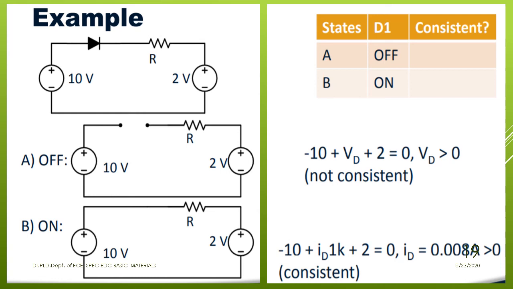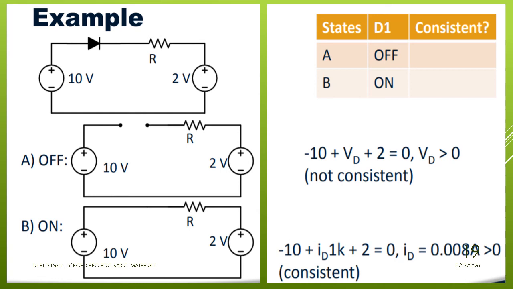Then the drop across the diode is Vd. By applying KVL, we write the equation: minus 10 volts plus the drop across the diode Vd plus 2 volts is equal to 0. That is, the algebraic sum of voltages in a closed loop is equal to 0, Kirchhoff's voltage law.